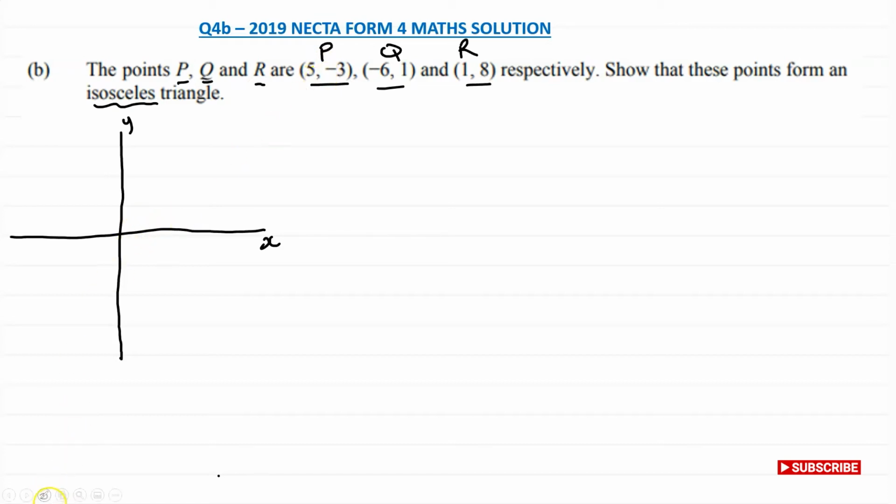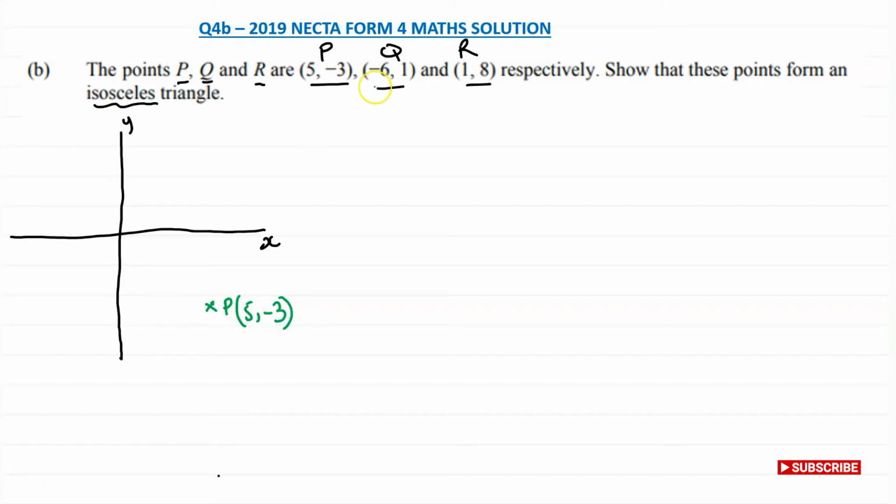So 5 is on this side and negative is down here. So this is point P, which is (5, -3).